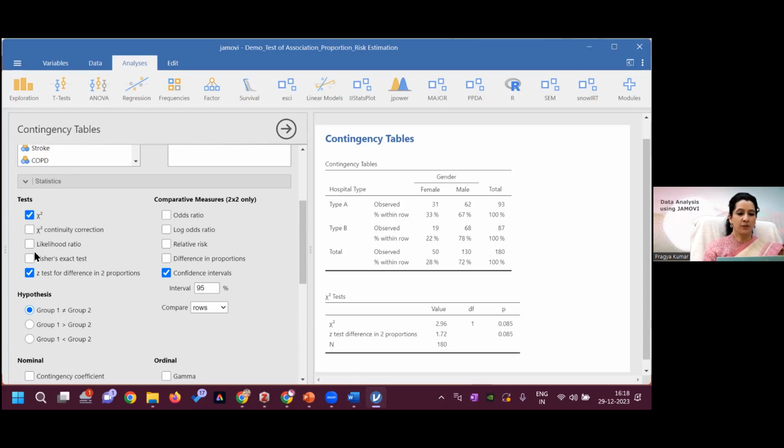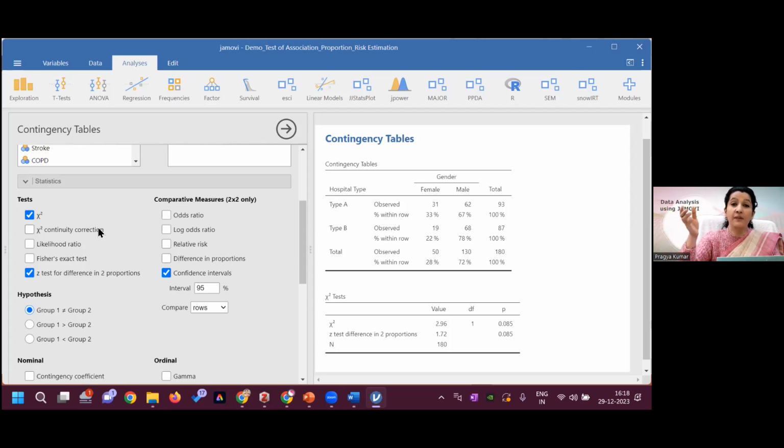So thank you. This continuity correction is done when the sample size is less than 40. Generally, I'm not going into the many statistical jargon because there is something known as the chi-square distribution. So chi-square distribution, if you see, is continuous in nature. But if you apply it to categorical data, for a smaller sample size, this chi-square distribution is not continuous.